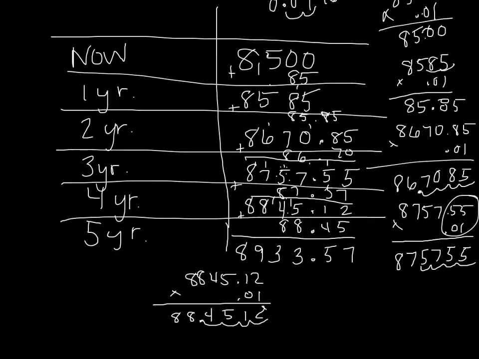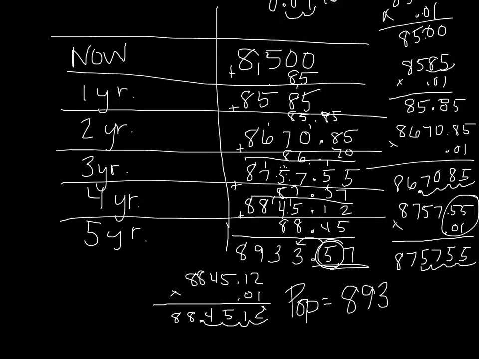Okay, so now when we're all finished, we're going to take our answer because I know it's a population and we can't have half of a person, right? So when I write my answer, I'm going to take this tenths place and round it either up or down. So the population equals 8,933.5.